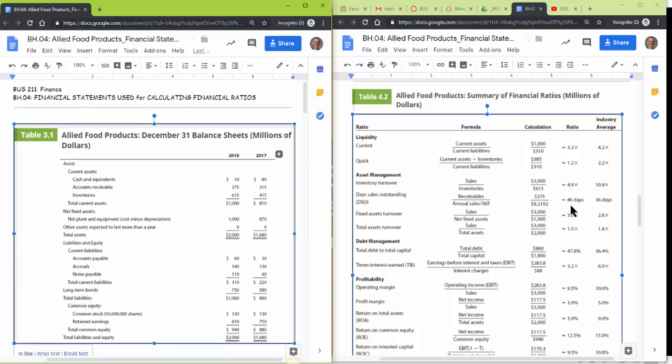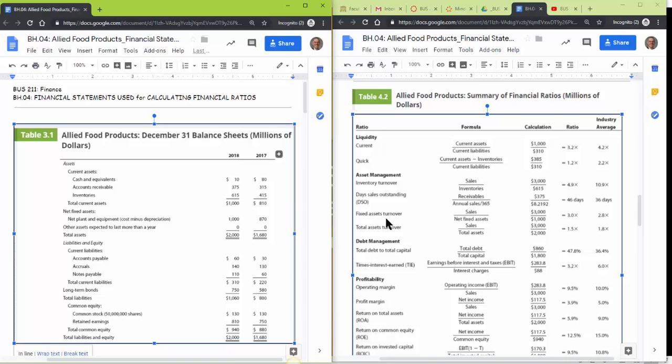That's a very long time to wait to collect cash after making a sale, or a very long time between the time the inventory is stocked on the shelves and the cash is collected.